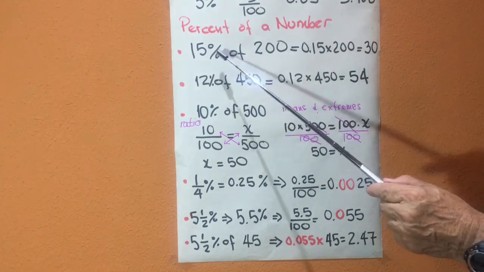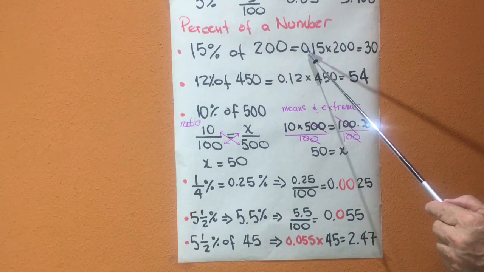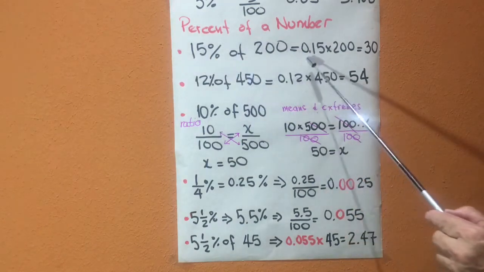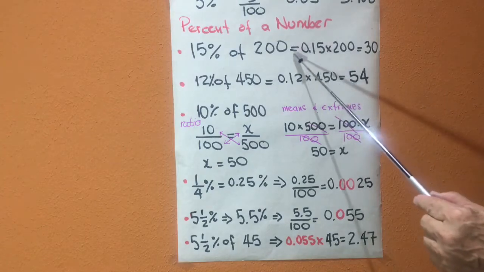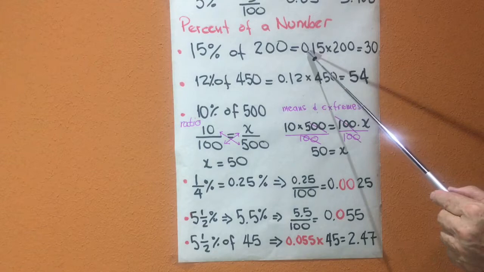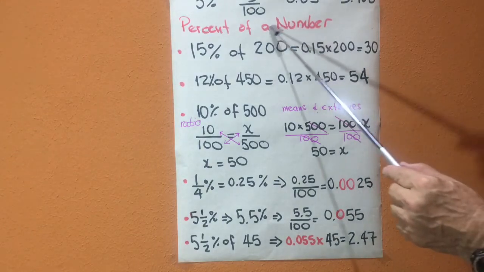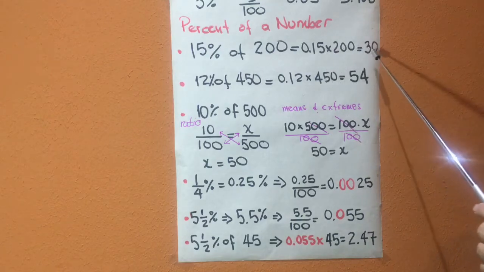So it's very simple. I will have to put a decimal point in front of the 15 because it's divided by 100. So my decimal representation of 15% is 0.15. Multiplied by the number which I want to find is going to give me 30.